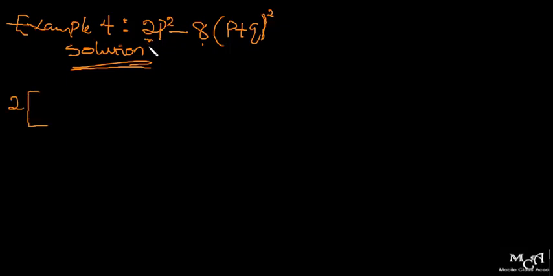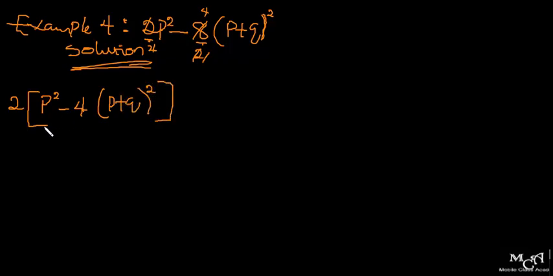If we do 2 goes here 1, 2 goes here 1, 2 goes here 1, 2 goes here what? 4. So on this side we are left with p squared, and on this side we are left with what? Minus 4 bracket p plus q squared. So now let's solve this a little.